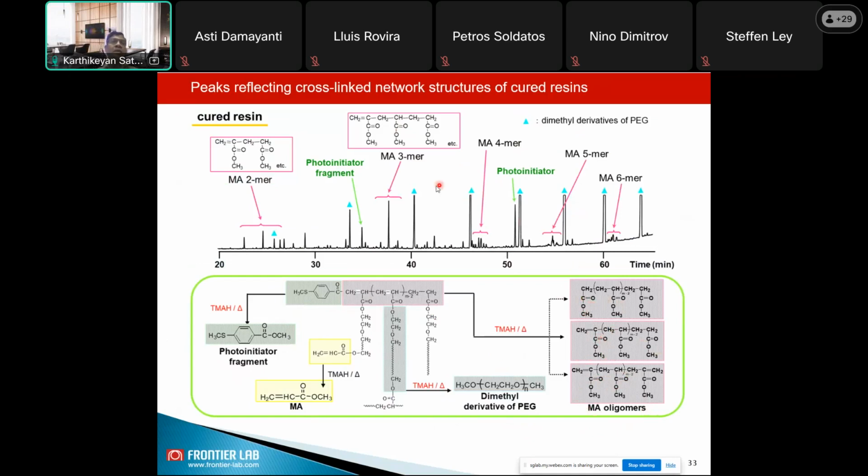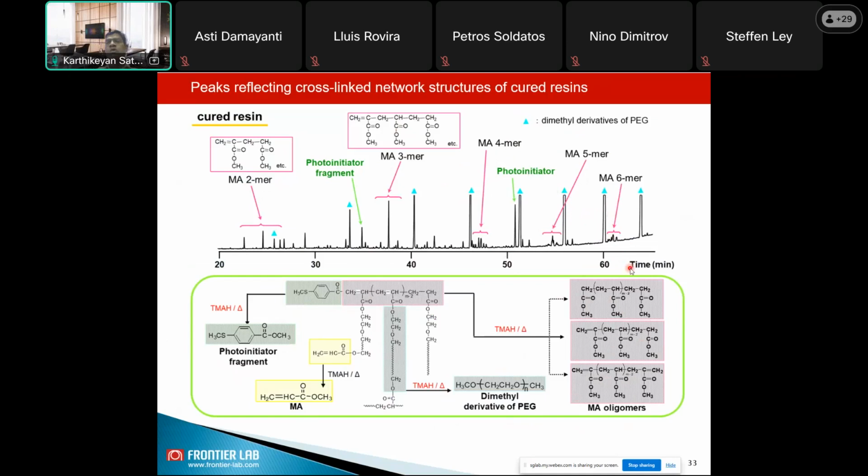Generally, when you have these multiple oligomers, for example the dimer and trimer, you do not see too much cross-linking. But when it goes to tetramer, pentamer, and hexamer, that really shows the number of cross-link structures formed in this photocuring.